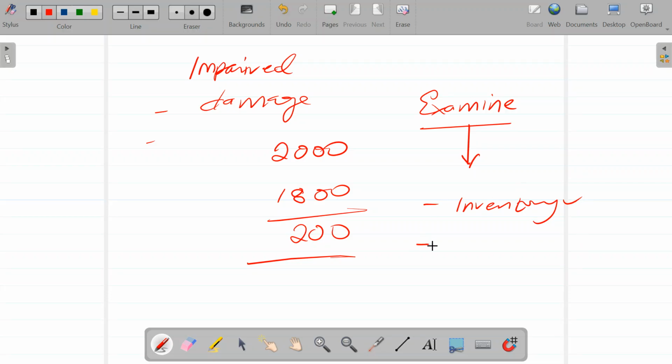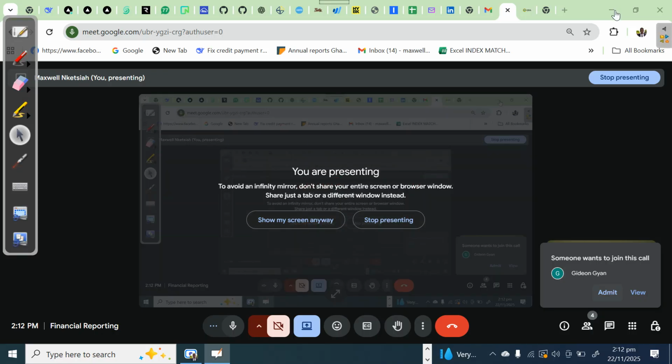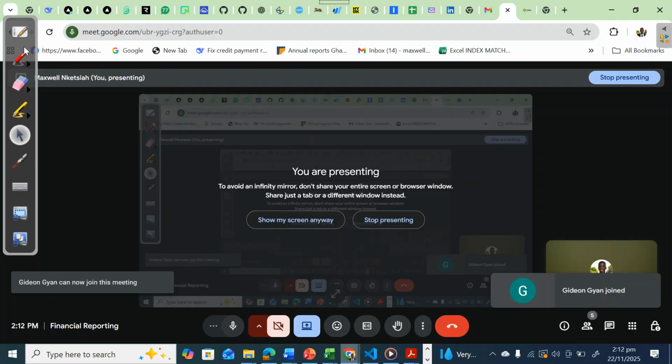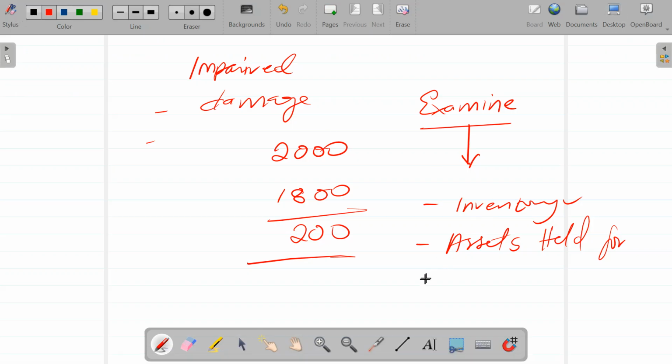It doesn't apply to non-current assets held for sale. So if you have a non-current asset and you intend to sell it, this standard does not apply. It also does not apply to financial assets.